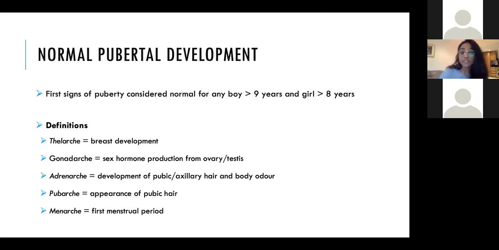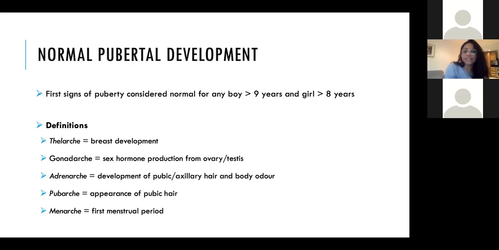These definitions are quite important to know, because they do come up a lot in exams, or if you are doing pediatric placement, you see them in clinic letters or patient notes. So it's really important to know what they mean.